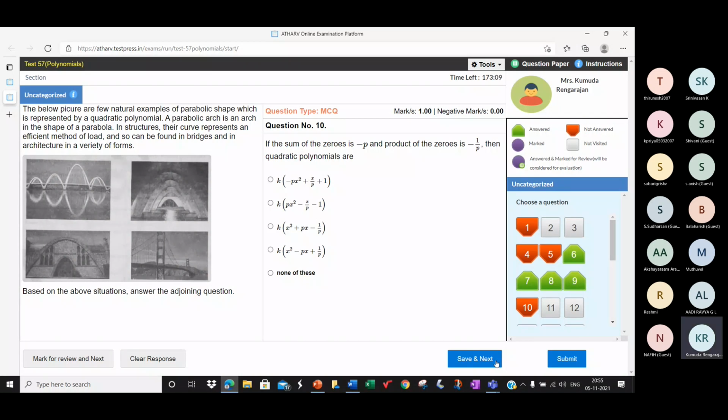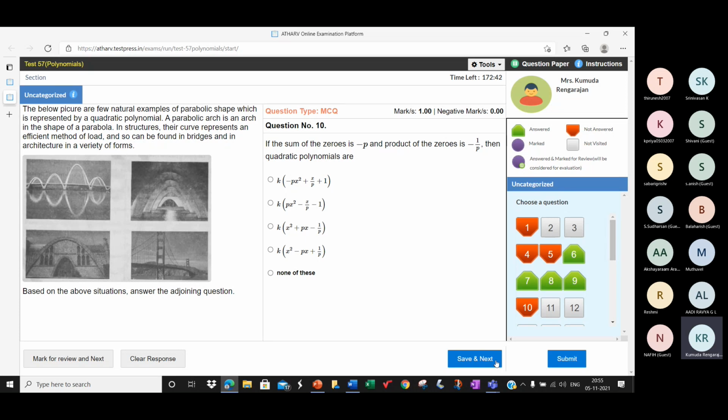Last one for today. If the sum of the zeros is minus p and the product of the zeros is minus 1 by p, then the quadratic polynomial is... There's a mistake there. It cannot be R, children.